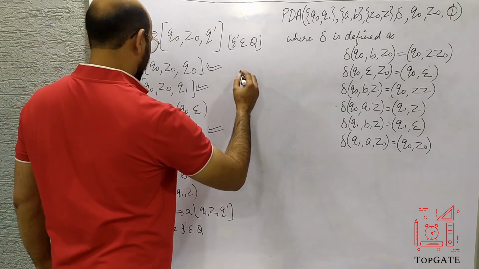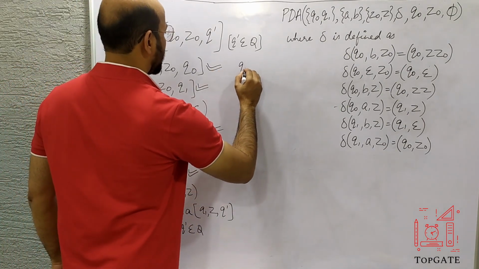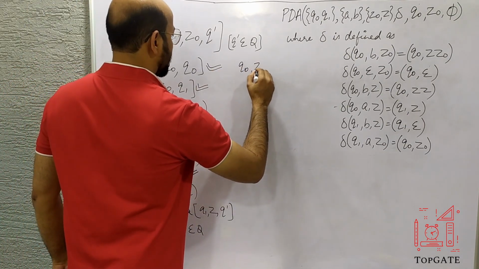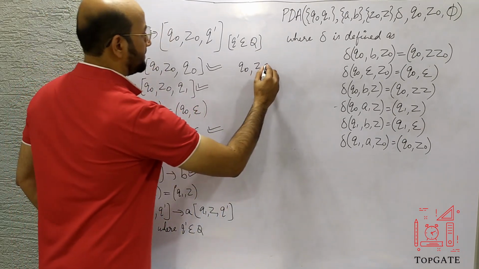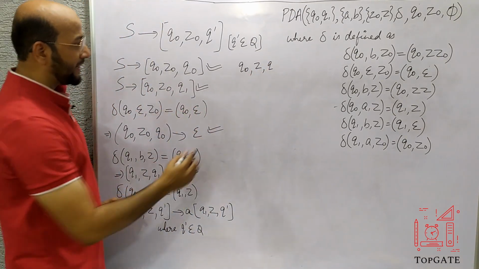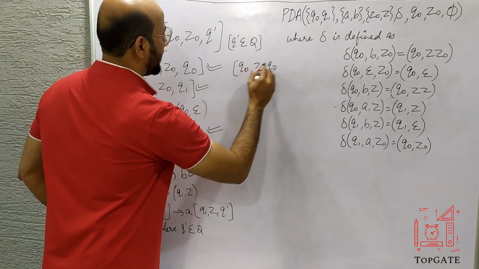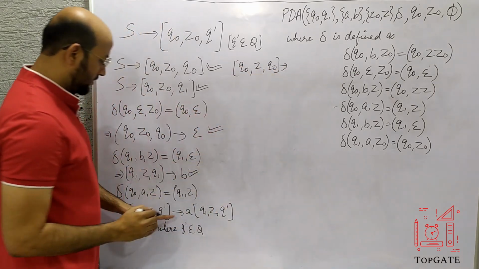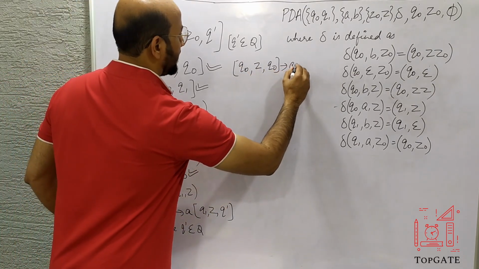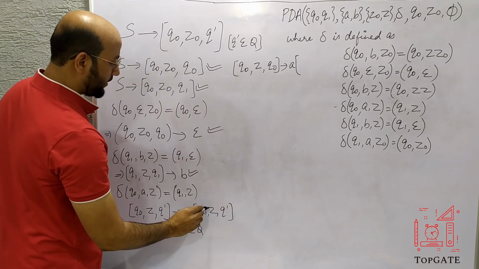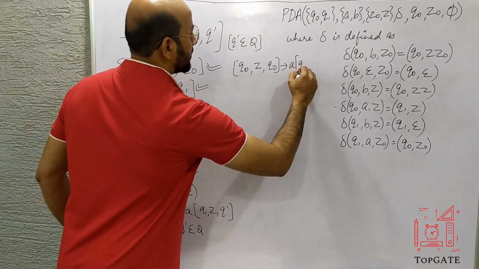Let's write those rules. The first one is q naught comma z comma q dash. This time I'll take it as q naught, which gives a into q1 comma z comma q naught, the same one here, no difference. The second one is when q dash is equal to q1: q naught comma z comma q1 gives a into q1 comma z comma q1.